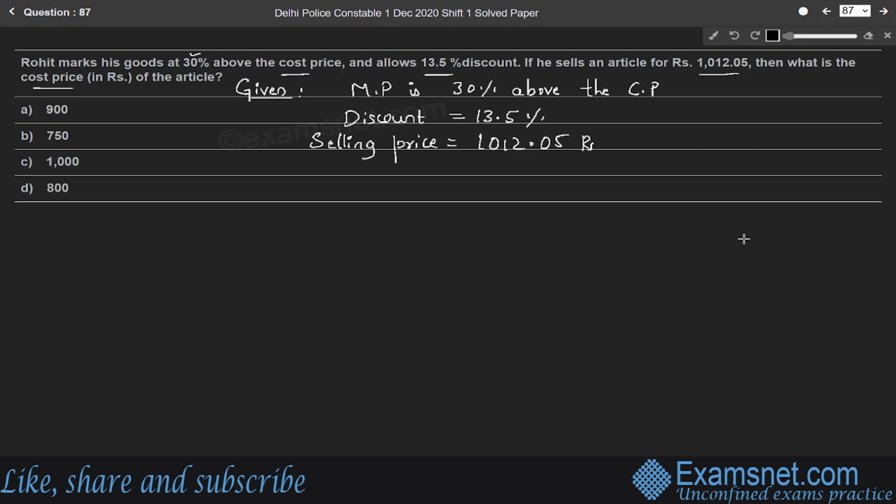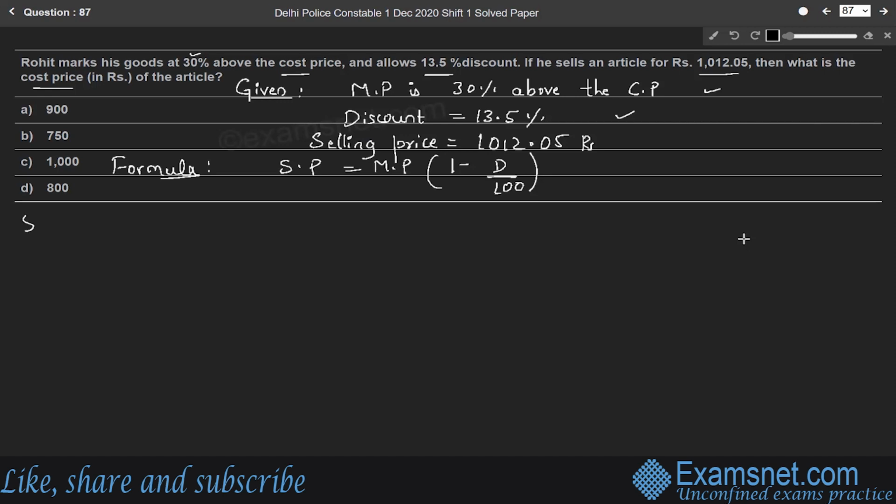So if marked price and discount are given, the formula to find selling price SP is equal to market price into 1 minus discount by 100. D is discount, MP is market price.